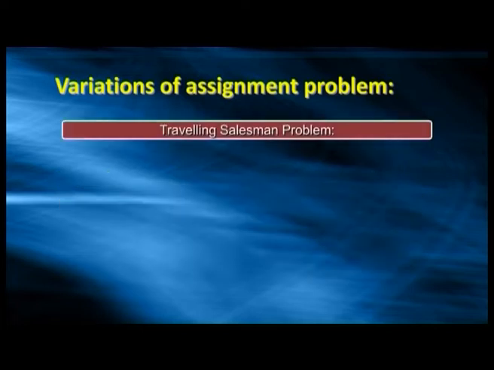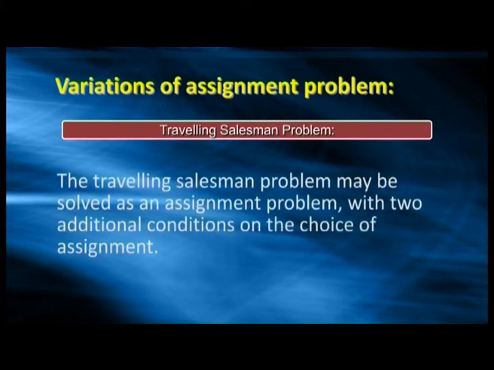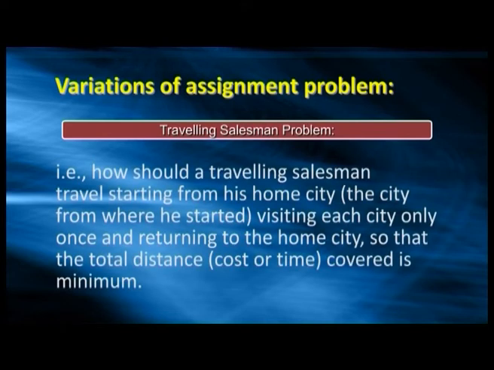Traveling salesman problem. The traveling salesman problem may be solved as an assignment problem with two additional conditions on choice of the assignment. That is, how should a traveling salesman travel starting from his home city, the city from where he started, visiting each city only once and returning to the home city so that the total distance, cost or time covered is minimum.